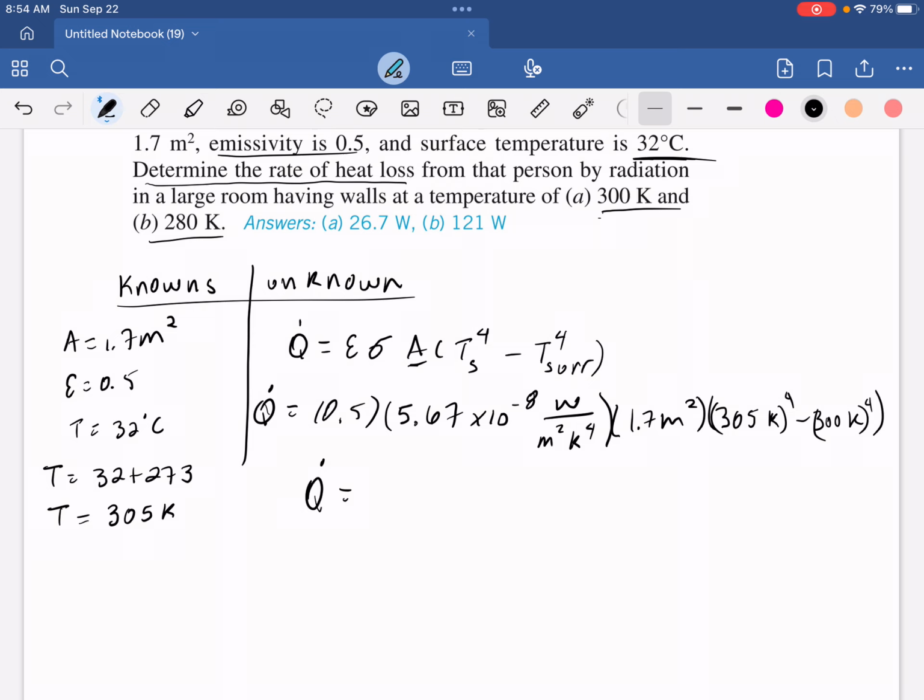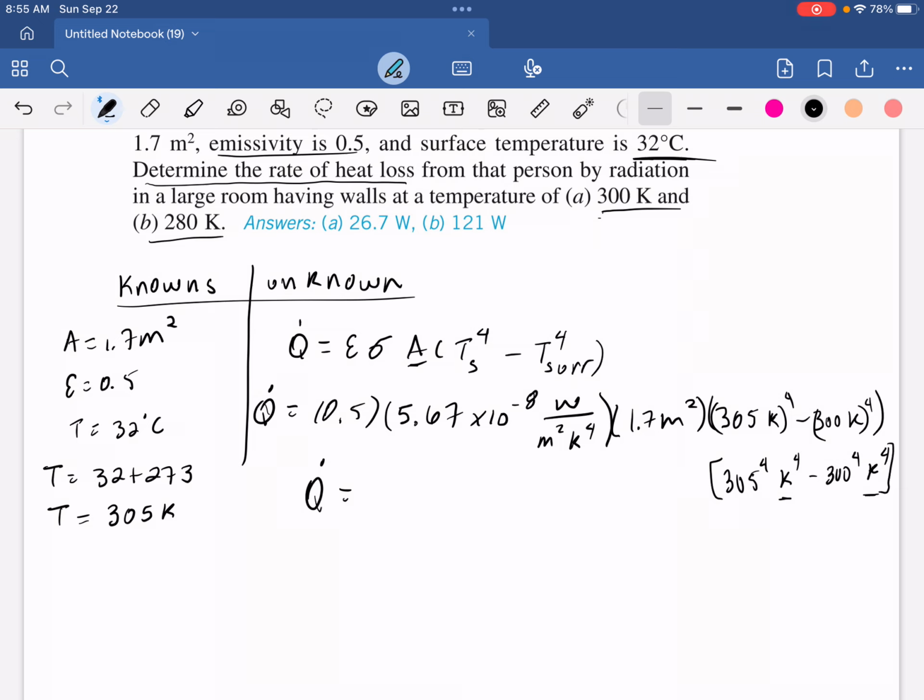But once you multiply this, 305 raised to the fourth times kelvins raised to the fourth minus 300 raised to the fourth times kelvins raised to the fourth, you essentially have the same variable with the same exponent, so you just subtract them. That's what you're going to end up doing, subtracting them.